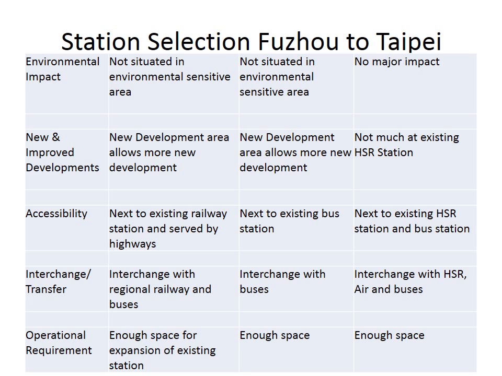And then finally, we are looking at the operational requirement. There will be enough spaces for expansion of the existing station for Fuzhou, enough spaces for Pingtan Island, and there will also be enough spaces for the Taipei area as well.